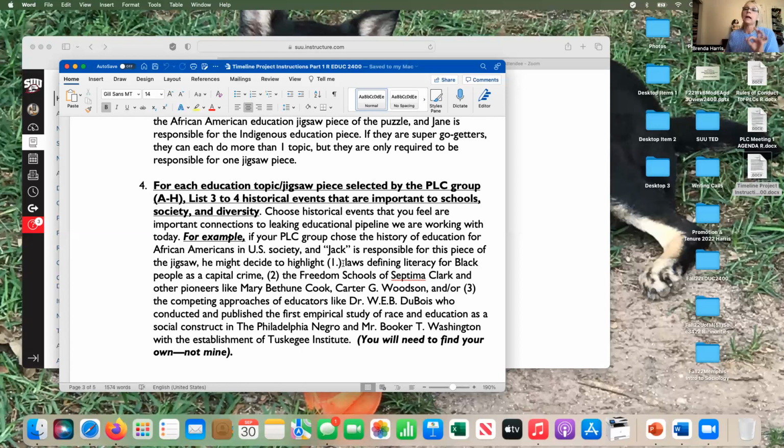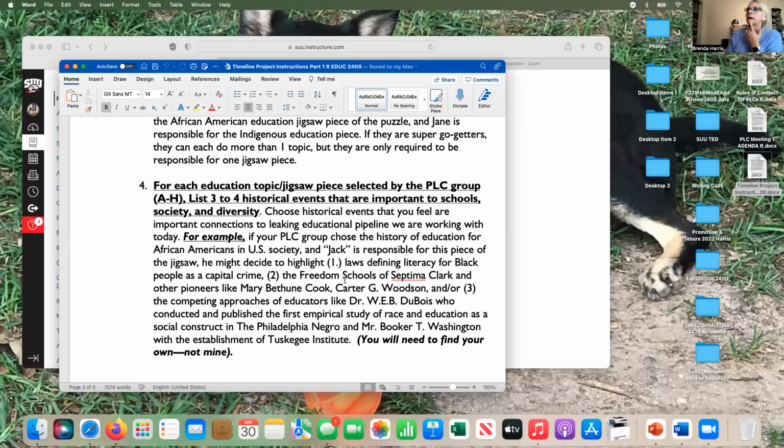Like if you were Black and learned how to read and write, you could be killed. Then the next thing he discovers is the freedom schools of Septima Clark, Mary Bethune Cook, and Carter G. Woodson. And so he feels that's the next major thing influencing them.